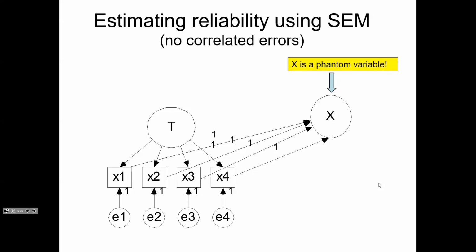The correlation between the true score and the scale score is the square root of the reliability. If we square the correlation between the true score and the observed score, we get the reliability.